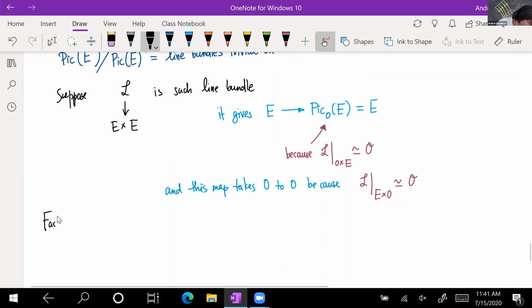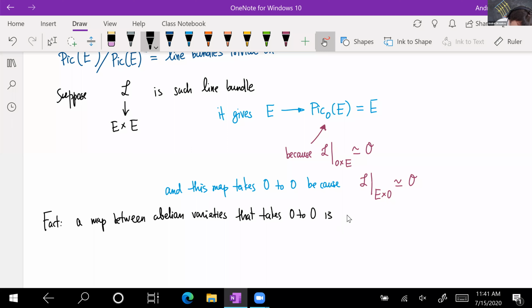And actually, I regret not having assigned exercises to this course. If you haven't seen this before, or it's been a while since you saw it, I think it's a good exercise to go and prove the cohomology vanishing, to prove this fact. So if I have a map between abelian varieties that takes 0 to 0, it is a group homomorphism.